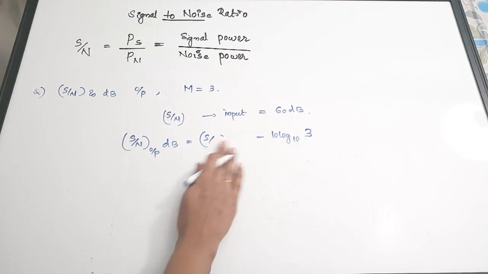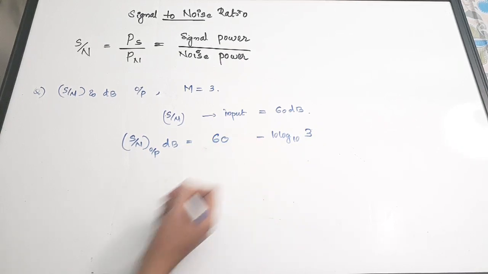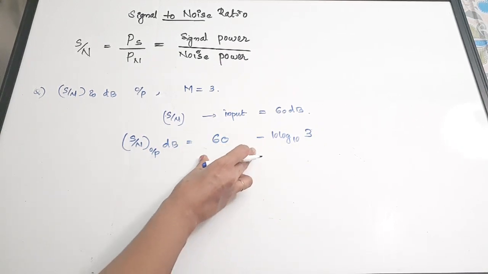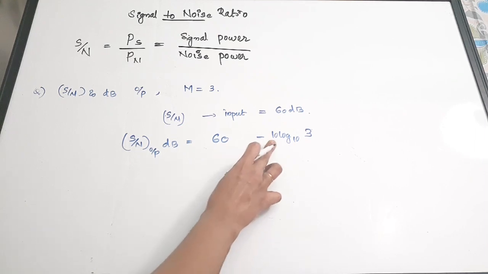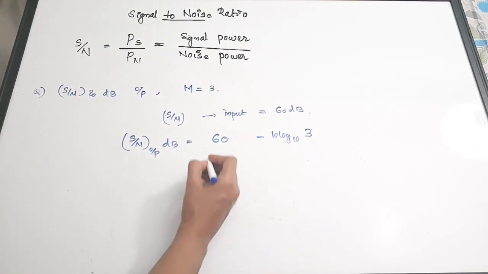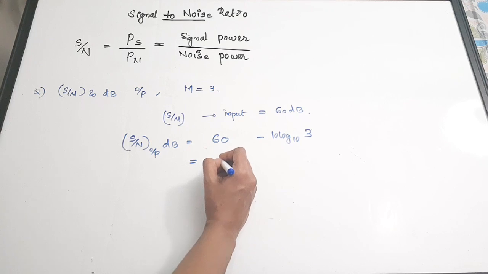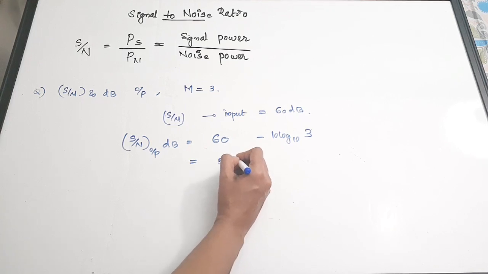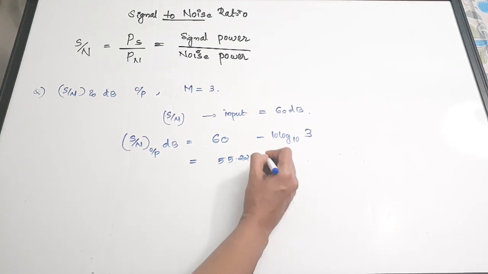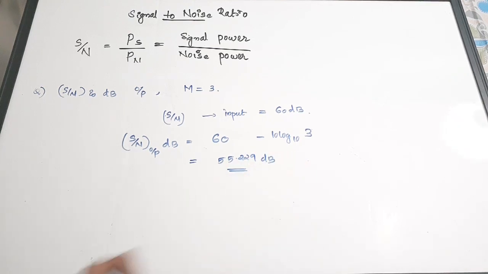So we'll put 60 minus, since it is directly given in dB, you just have to substitute. Okay, 60 minus 10 log 10 3. If you solve it, you will get the value as 55.229 dB. Okay. So this is how you calculate the S by N output.